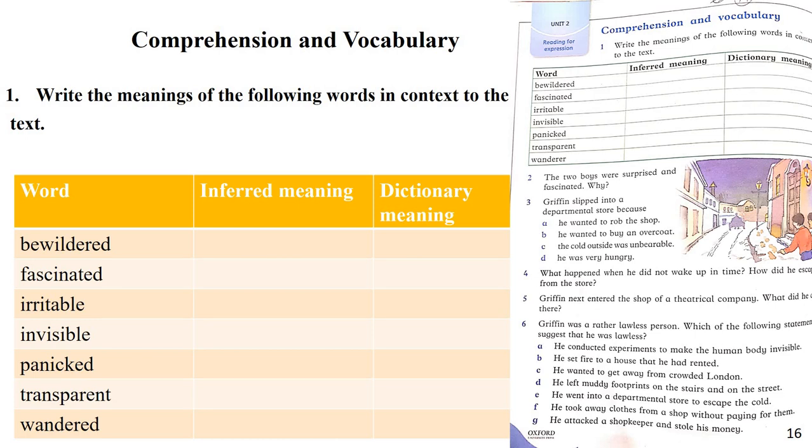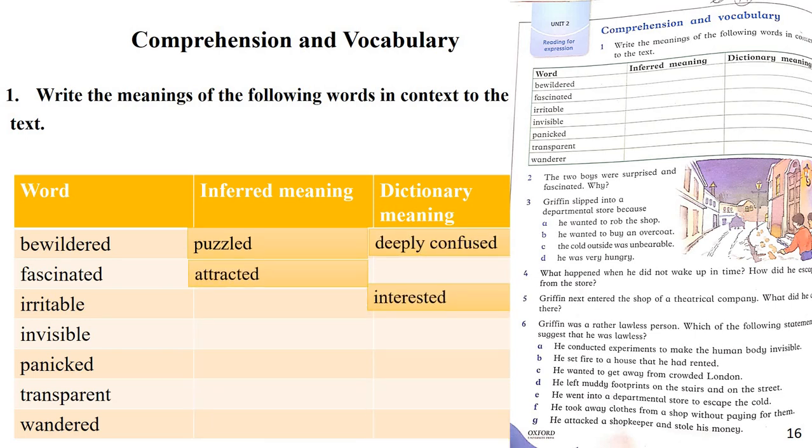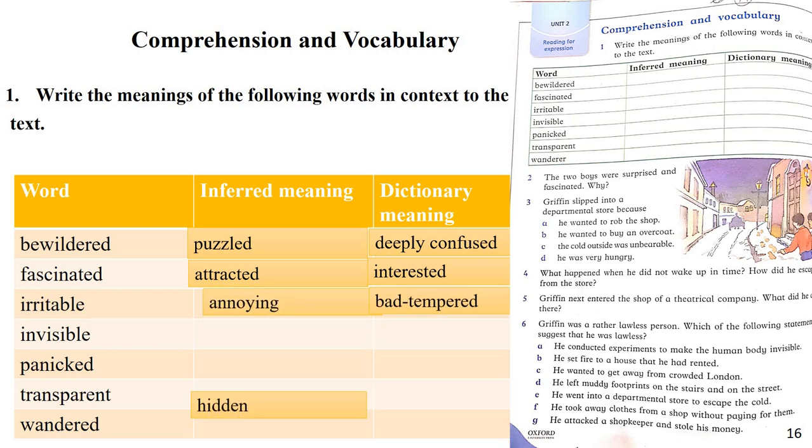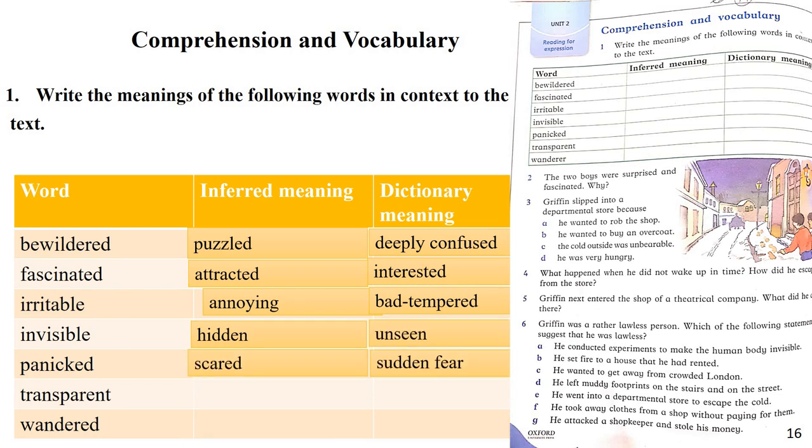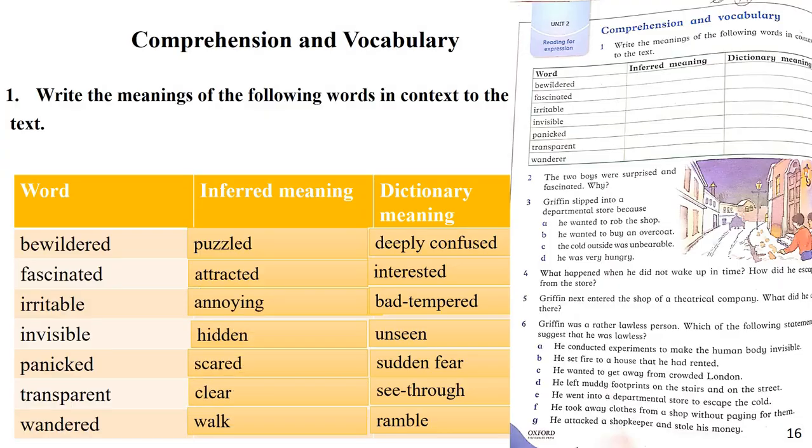The words are bewildered, fascinated, irritable, invisible, panicked, transparent, wondered. The meanings are puzzled, deeply confused, attracted, interested, annoying, bad-tempered, hidden, unseen, scared, sudden fear, clear, see-through, walk, wamble.